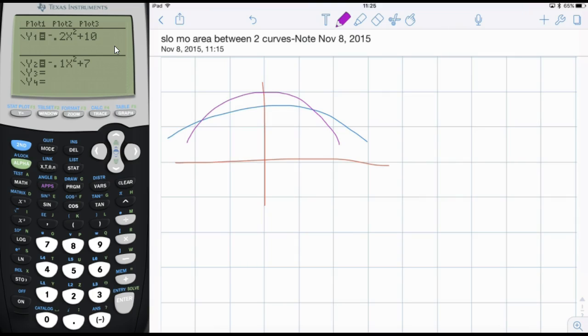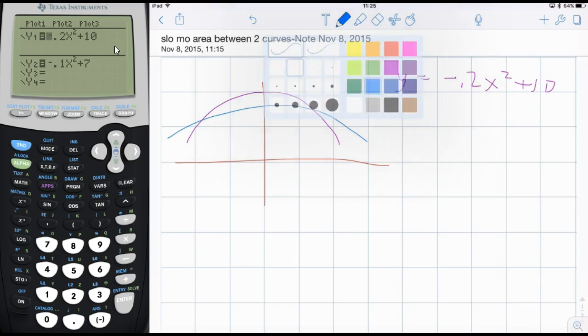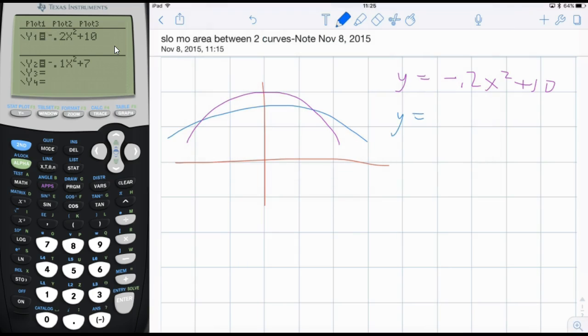So the purple parabola's equation is y equals negative 0.2x squared plus 10, and the blue parabola is y equals negative 0.1x squared plus 7. And what I'm looking for is the area between the two curves.